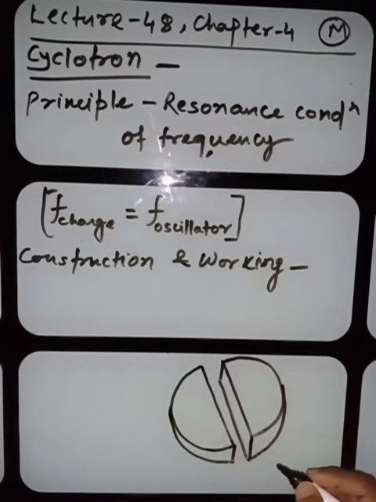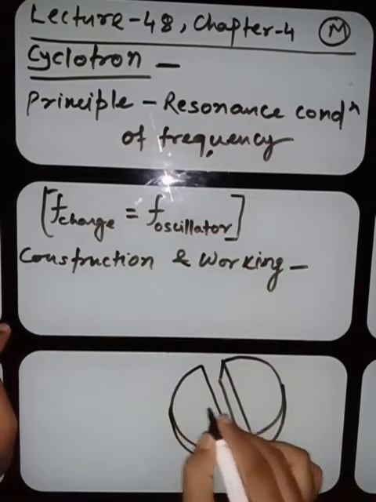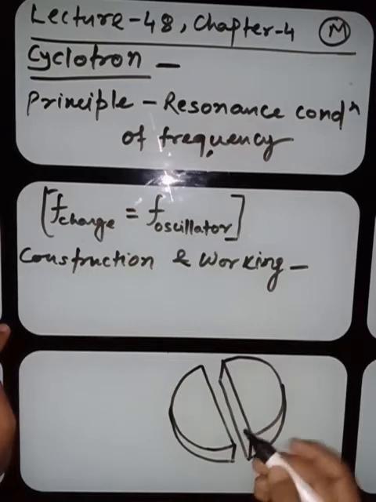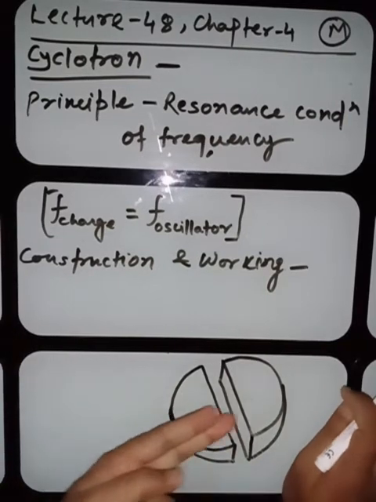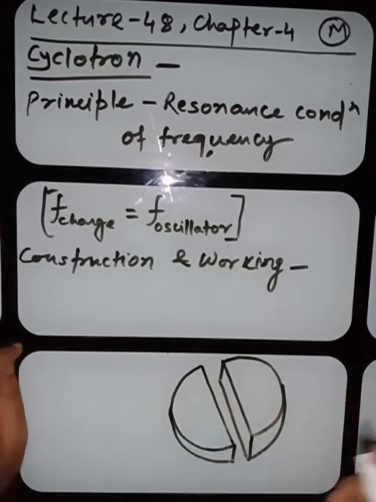This is called the D. This is the metallic Ds. This is D1 and this is D2. This space is empty.